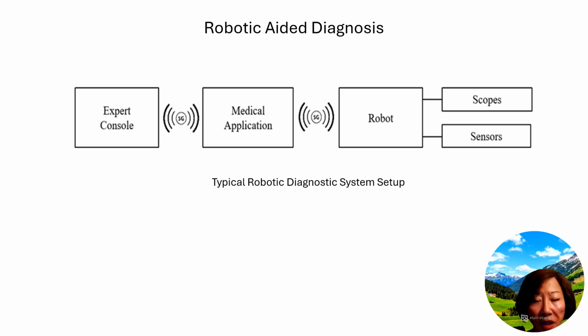The medical application can be instantiated on either side or in the cloud, with its primary roles being generating appropriate haptic feedback based on instrument location, velocity, effort measurements, and images from diagnostic instruments. We went through this earlier. It also helps to filter motion-controlled commands to enhance closed-loop stability.